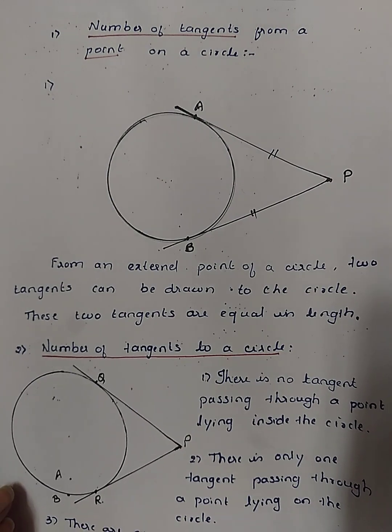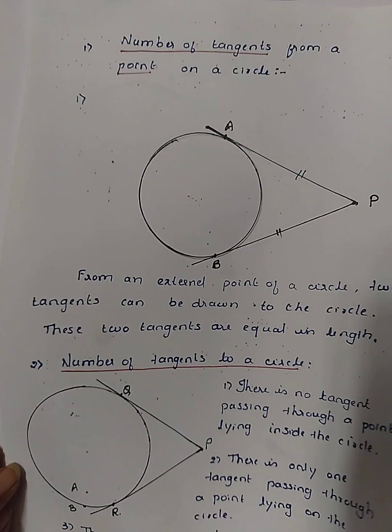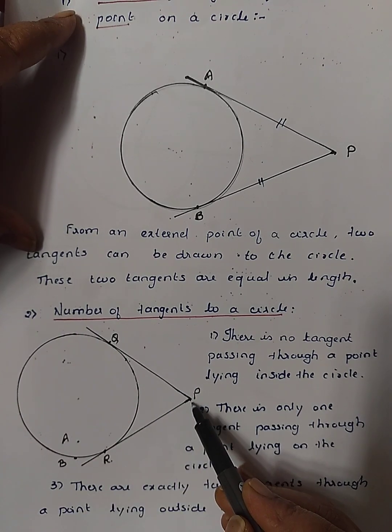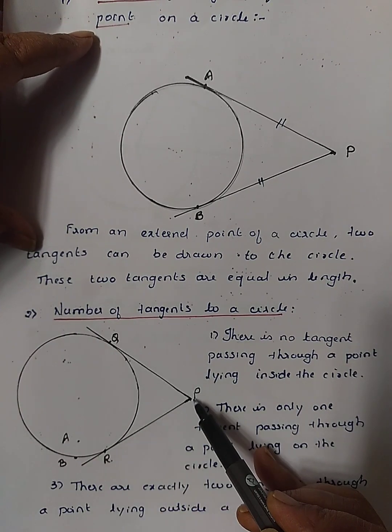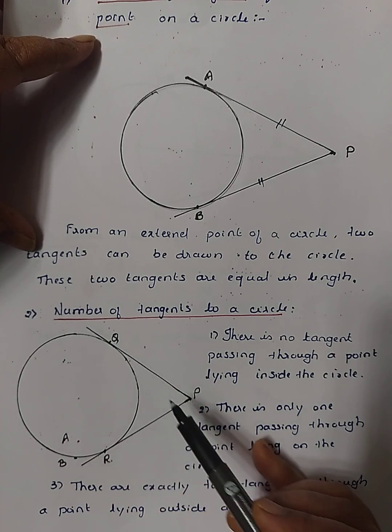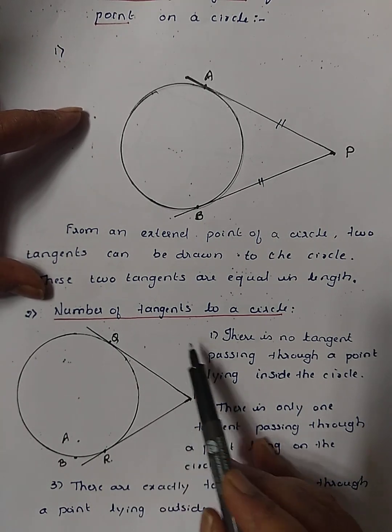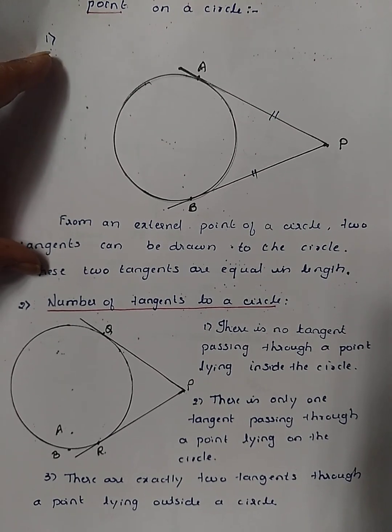And next, the second point is about the number of tangents to a circle. This is a circle. P is an exterior point, and from point P, PQ is one tangent and PR is another tangent drawn. So what is the main concept here?